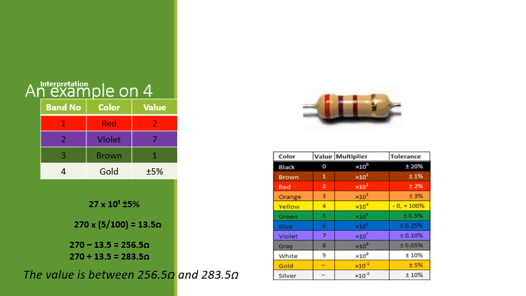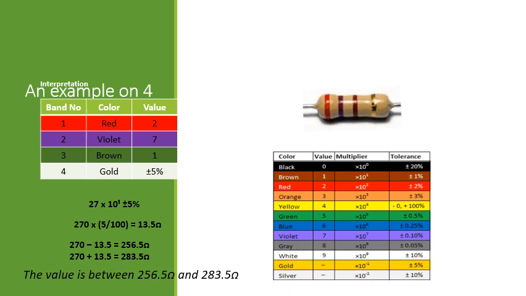Okay, so now to get that range, you are going to find 5% of your answer. Remember, 27 times 10 raised to power 1 is 270. So 5% of 270 is what? 13.5, right? And remember, it is plus or minus.